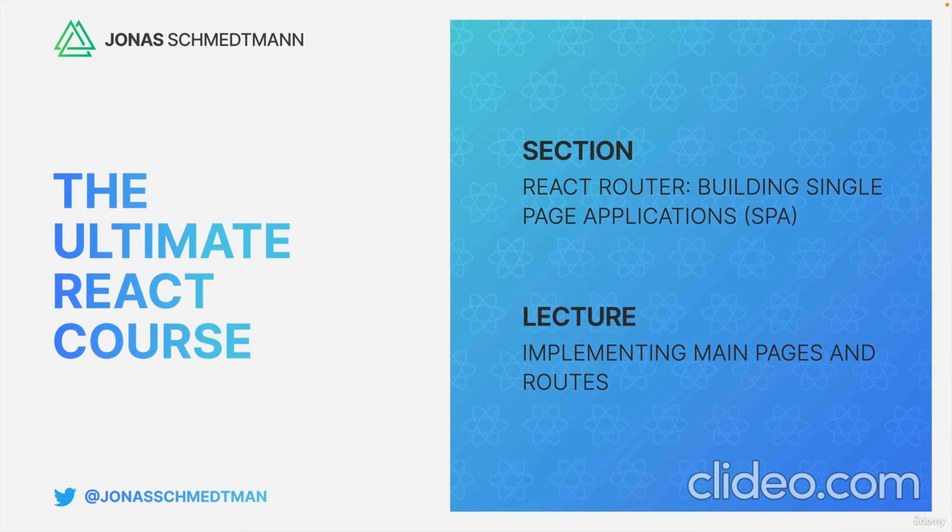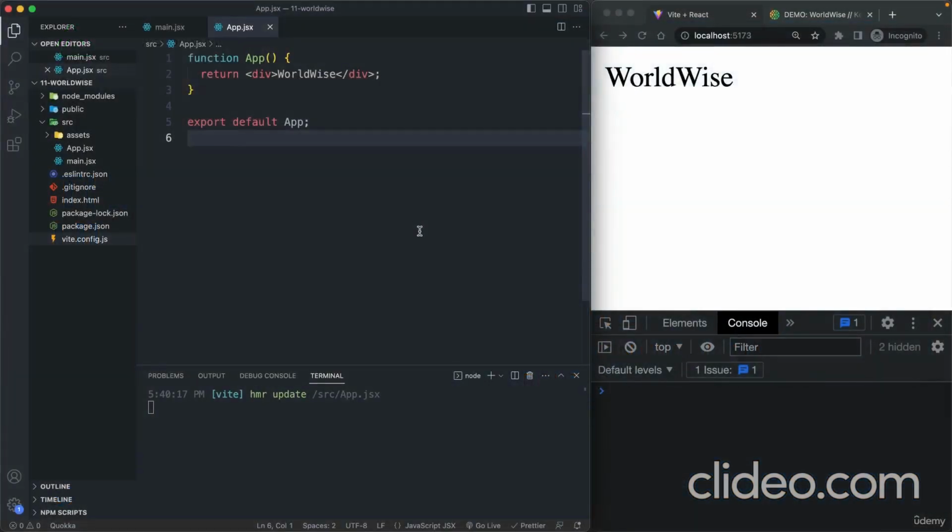Okay, so now that we know what routing and routes are, let's use the React Router library for the very first time, in order to implement some routes for the main pages in our application. So with routing, we now want to associate specific parts of the URL to specific components in our application.